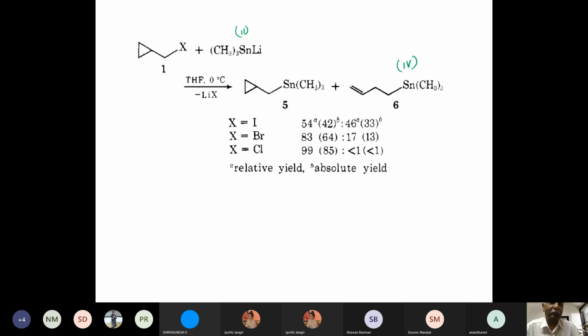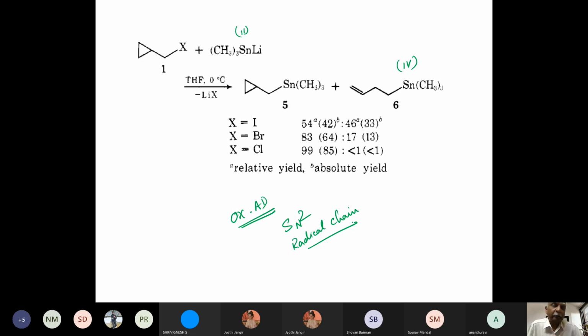So it's an oxidative addition and it has undergone a ring opening reaction. So oxidative additions seem to be going through two different mechanisms, an SN2 pathway and a radical chain pathway. So these are the two mechanisms of oxidative addition.